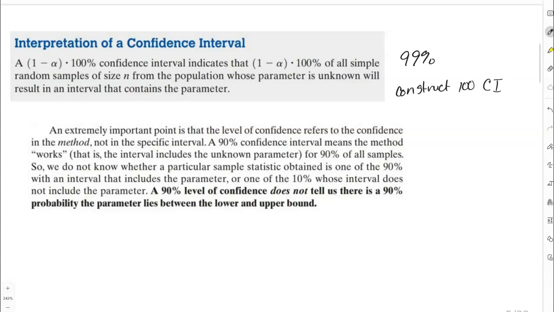A 90% level of confidence does not tell us there is a 90% probability that the parameter lies between the lower and the upper bound. Okay, it refers to the method, not to a percentage of probability.